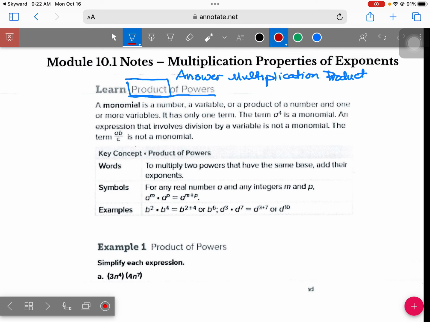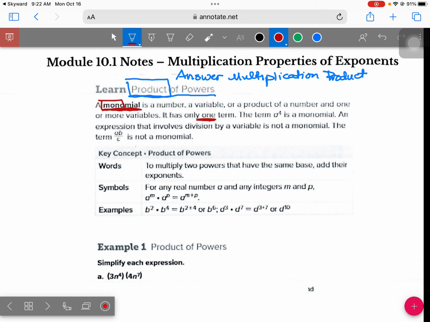So a monomial has that prefix of mono. What does mono mean? Does anybody know what that means? 1. Yes, very good. A monomial is a number, a variable, or a product of a number and one or more variables. It has only one term. Okay?